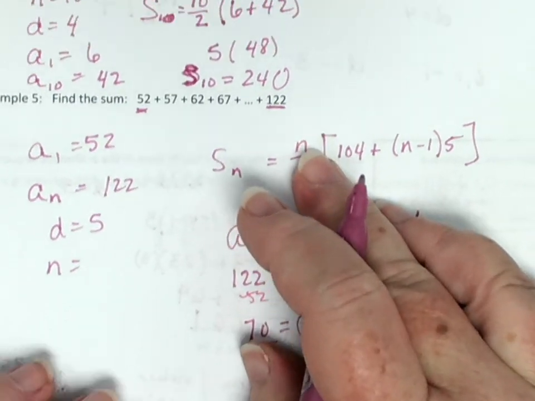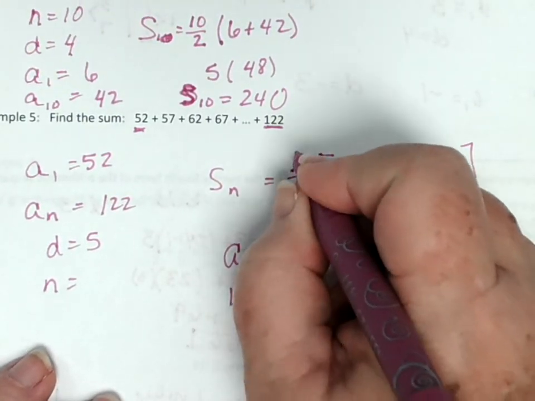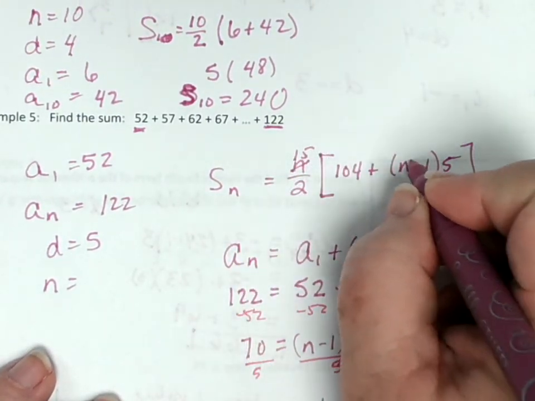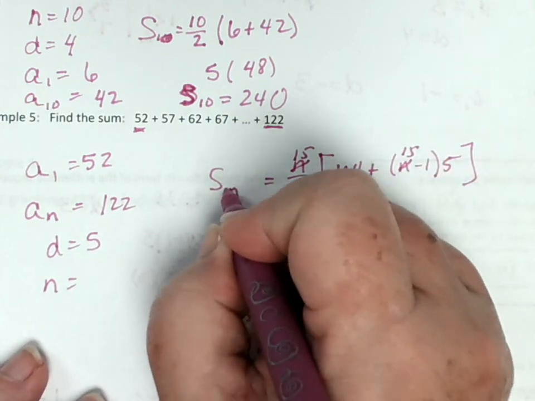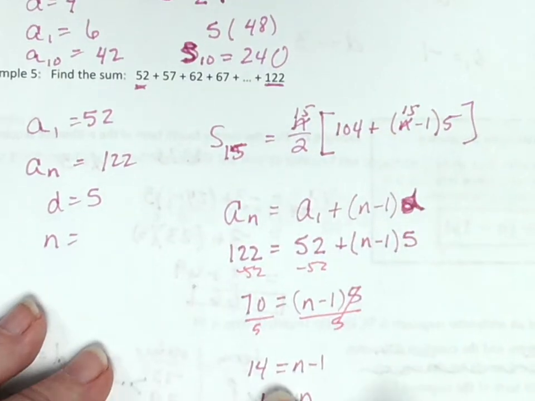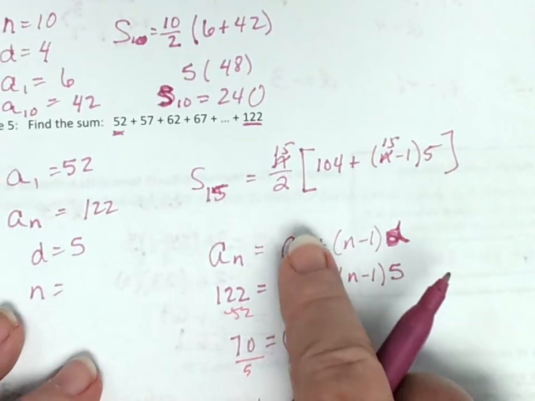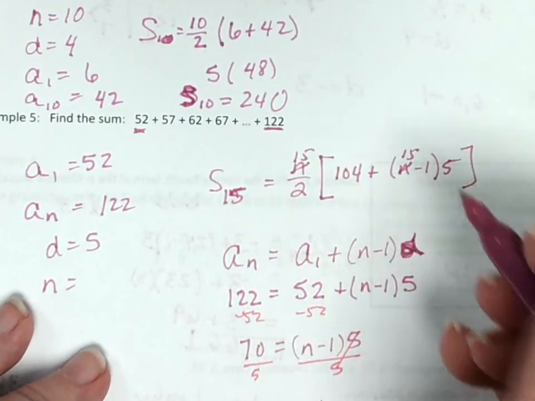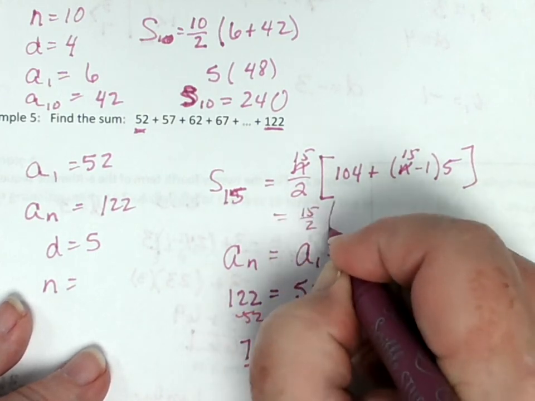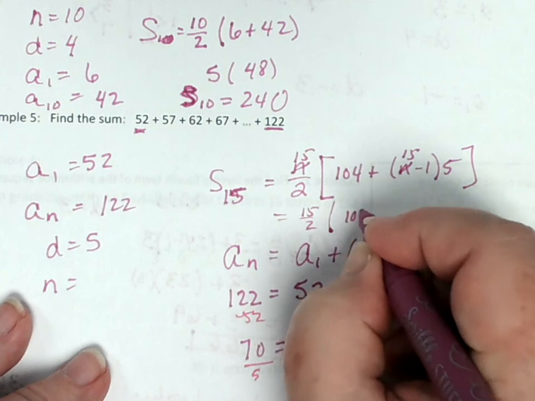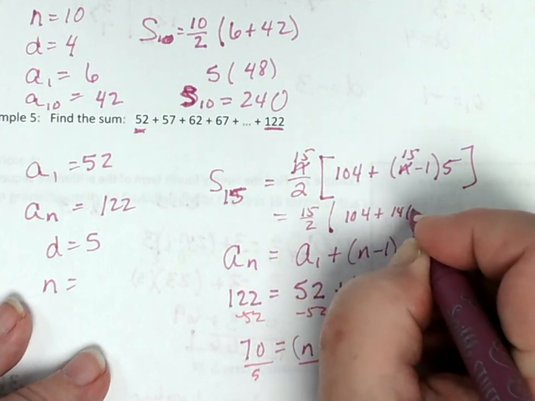Now I can go back here, change this to 15, change this to 15, and I will have the sum of the first 15 terms, because n is 15 everywhere it was in that equation. So I'm going to have 15 over 2 times 104 plus 14 times 5.